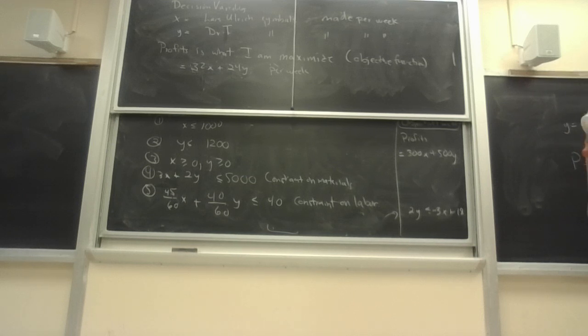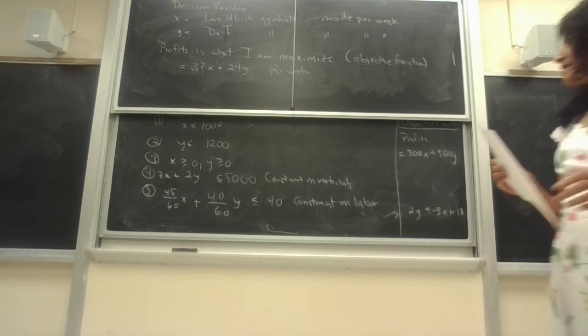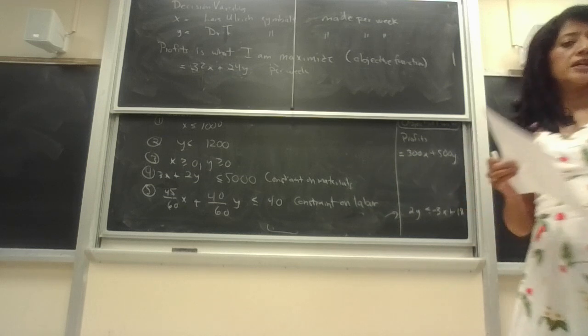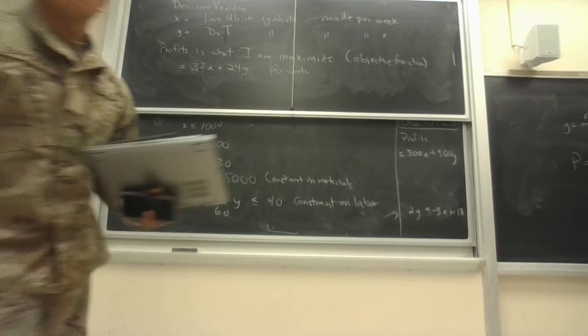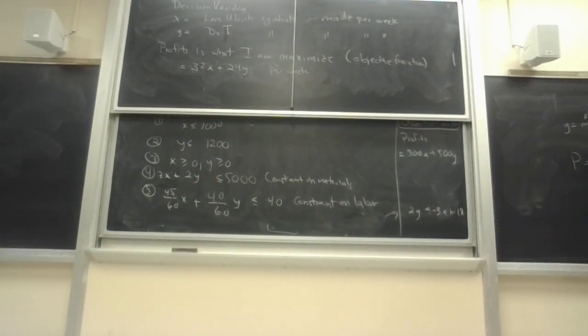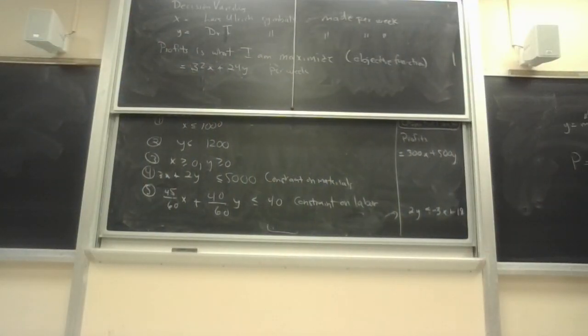Grams per document. If you look at the word problem, it says 3 grams per document. So it's a material, right? We have 5,000 total grams.